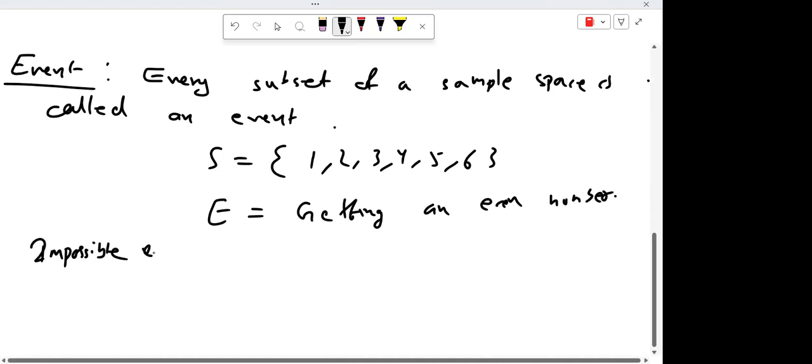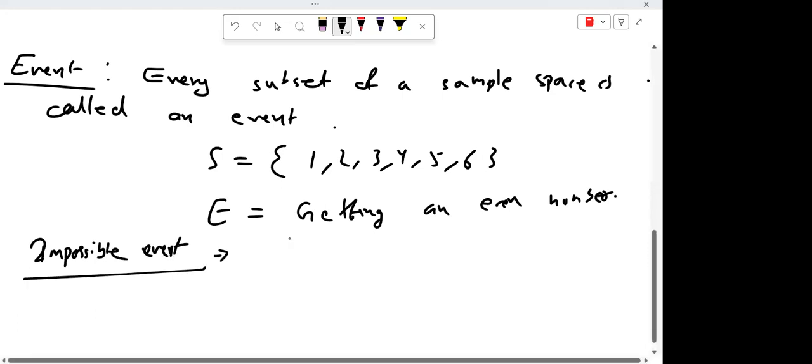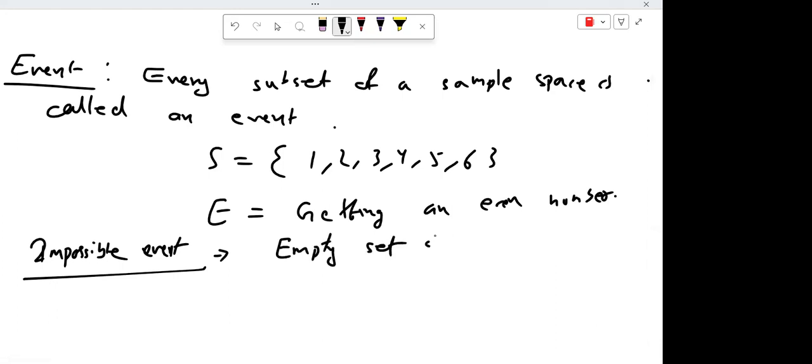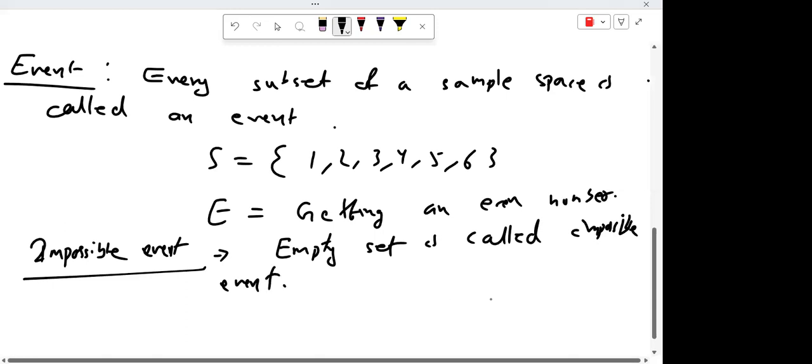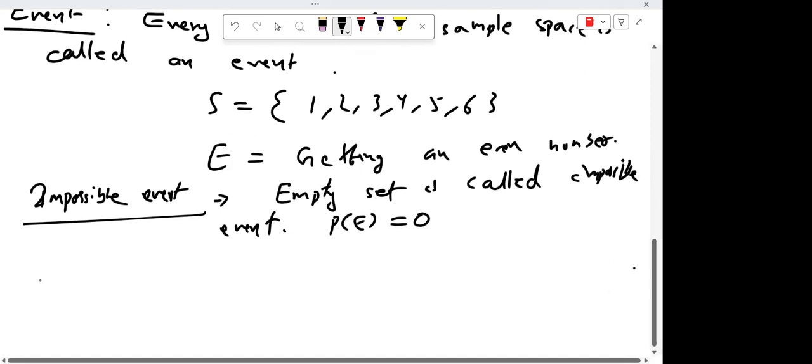Impossible event: the empty set is called an impossible event, and its probability is 0. In the same way, there is a sure event.